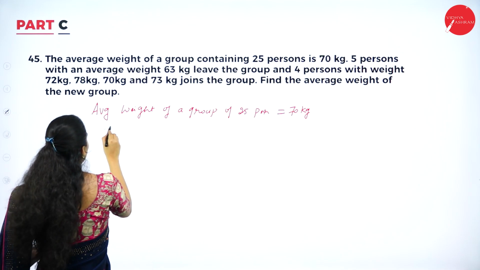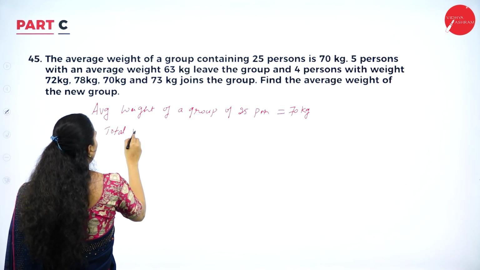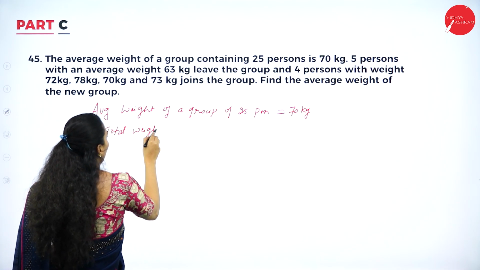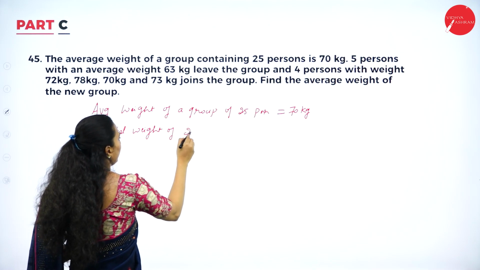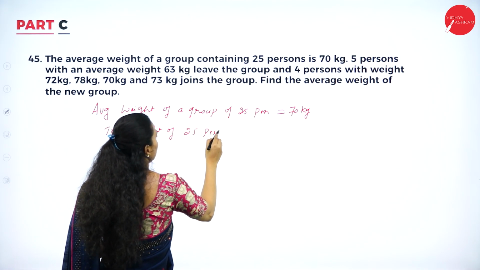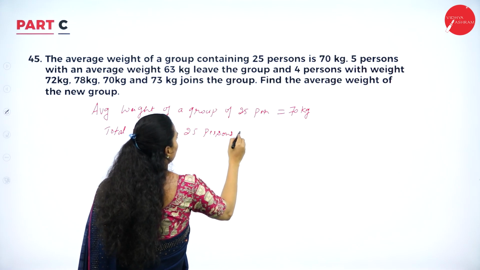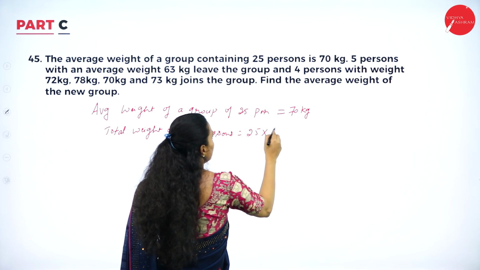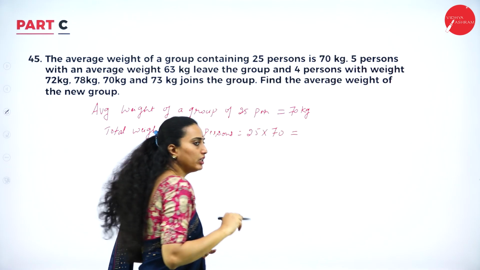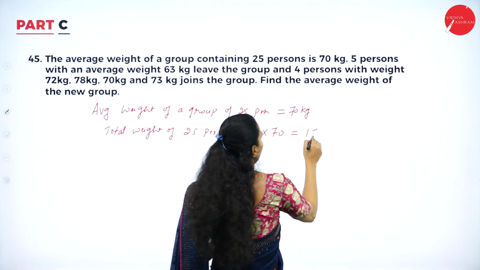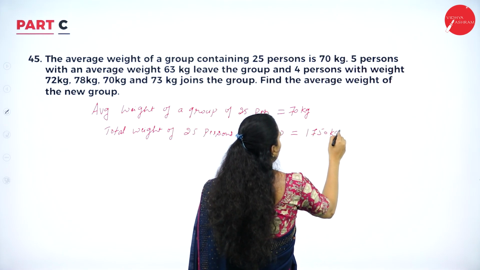Therefore, what is the total weight? The total weight of 25 is equal to 25 into 70, which will give you 1750 kg. Okay.